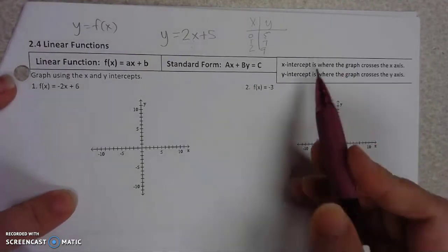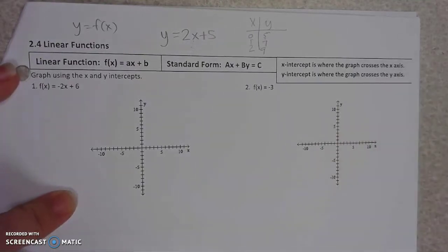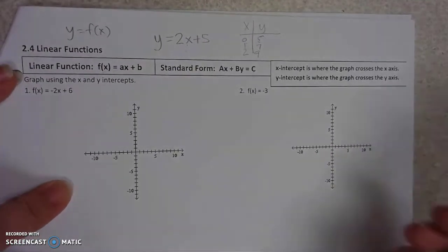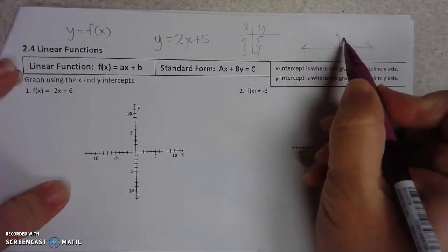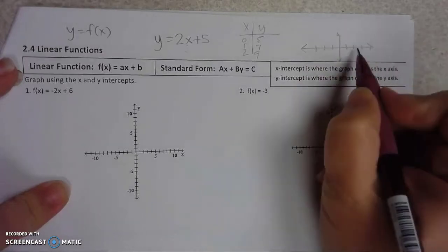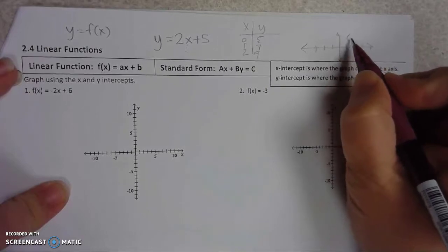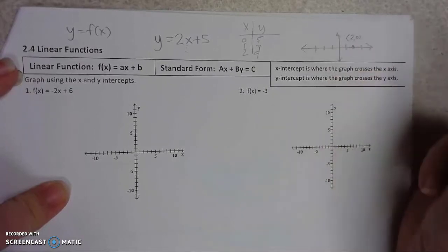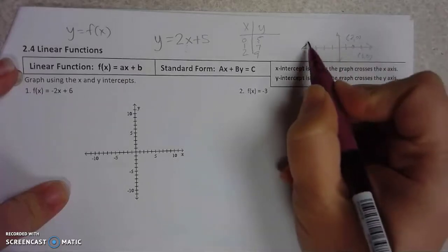The x-intercept is where our graph crosses the x-axis. So if you think about the x-axis and points that are on it, if I go to any point on that axis, say for instance this point here, its coordinates are 2, 0. The next point would be 3, 0.